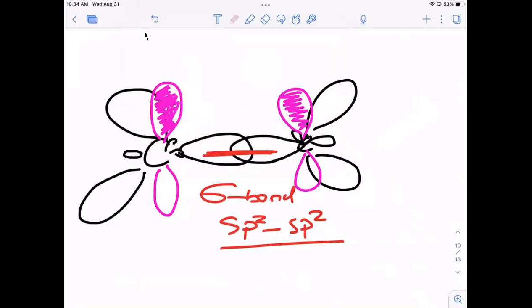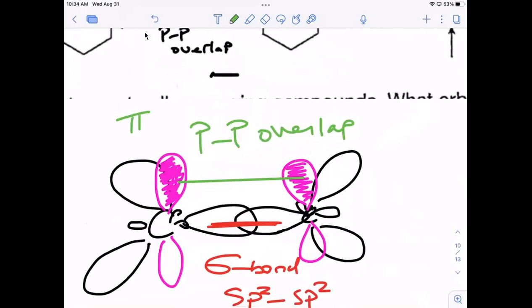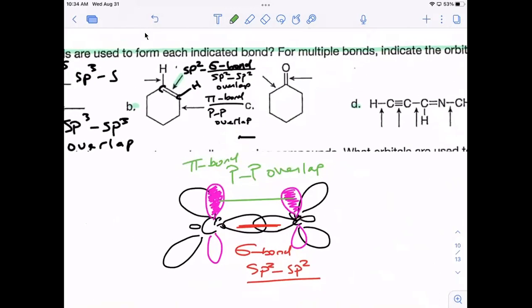And then the pi bond is going to happen right here. That's that p overlap. All right, so in a double bond, your sigma bond is when the hybrids are overlapping, and then the pi bond is from the unhybridized p's overlapping.